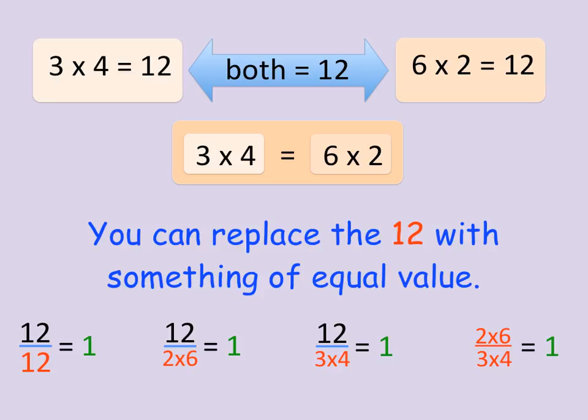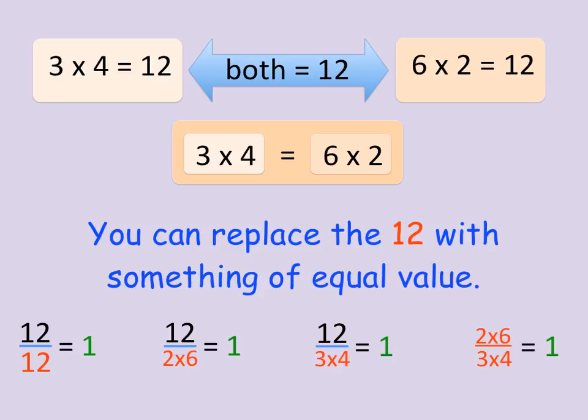You can replace the 12 down here at the bottom of the picture with something of equal value. You see the first one has 12 over 12, which means 12 divided by 12 equals 1. Or you can rewrite it as 12 divided by 2 times 6, which is 12, equals 1.